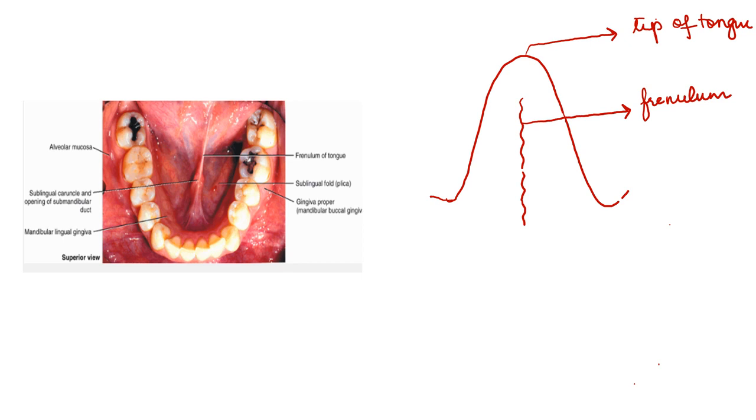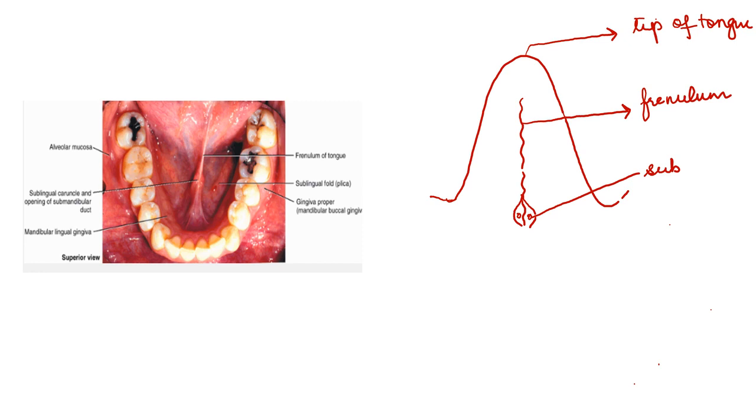Towards the floor of the mouth, near this frenulum, there is the presence of the sublingual caruncle, on both sides of the frenulum, right?